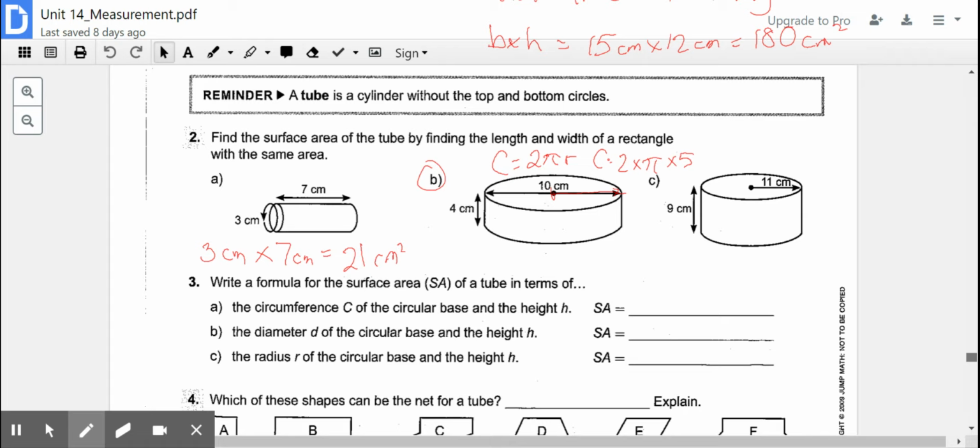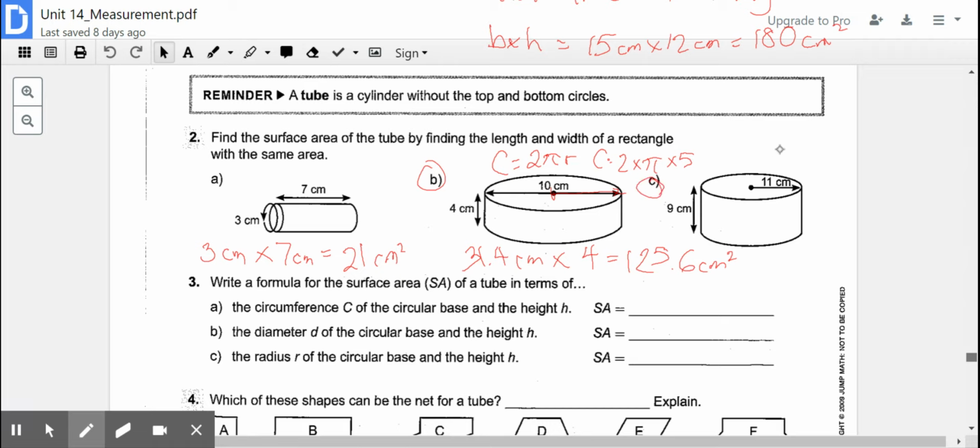So that is 31.4 centimeters for the base, and the height of the rectangle is 4. So the total surface area then is 125.6 centimeters squared.